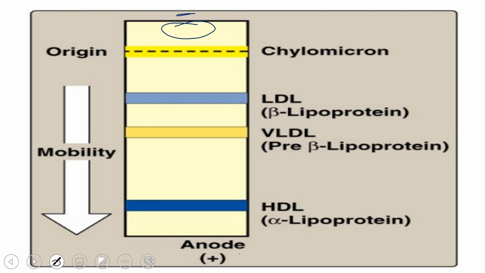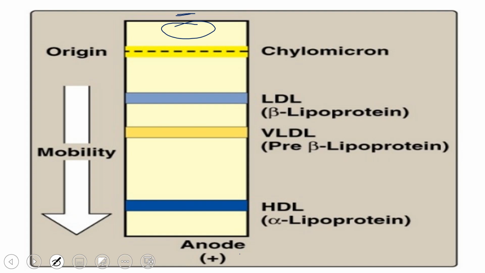Chylomicron, which has the largest size and lowest density, stays near the origin, and HDL, which has the smallest size and highest density, moves fastest. So HDL is leading.